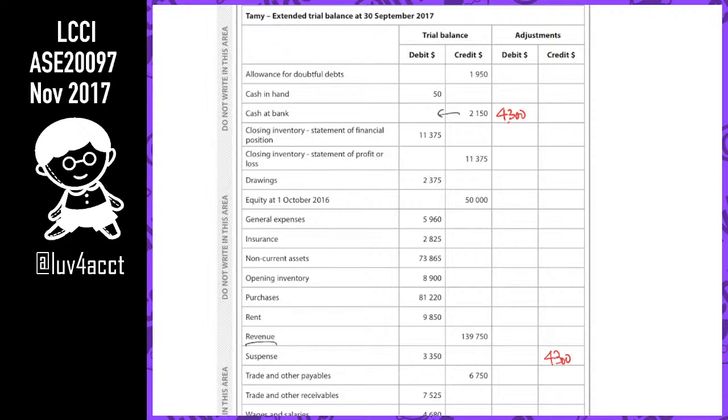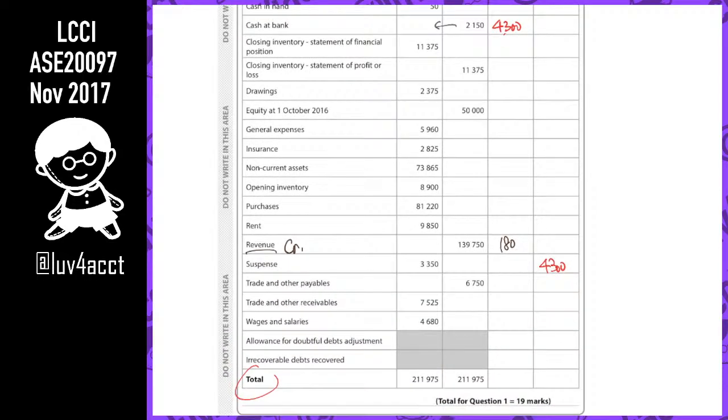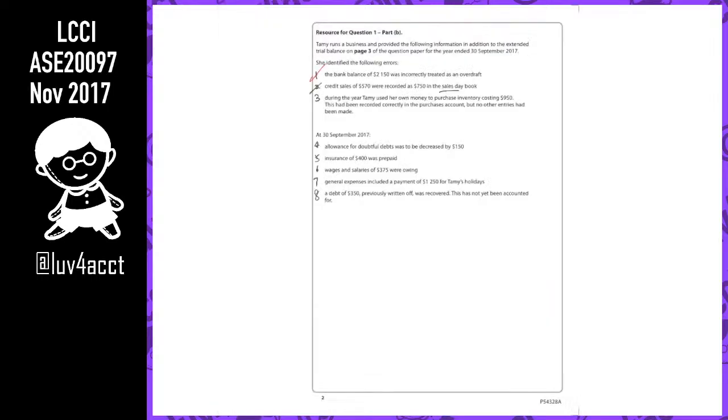Revenue is on the credit side, so if we want to reduce it, we go to the debit side of the adjustment for revenue. Because it is an error of original entry, if we incorrectly entered into the sales day book, then the trade and other receivables will also be incorrect, 180 here. So item 2 done.